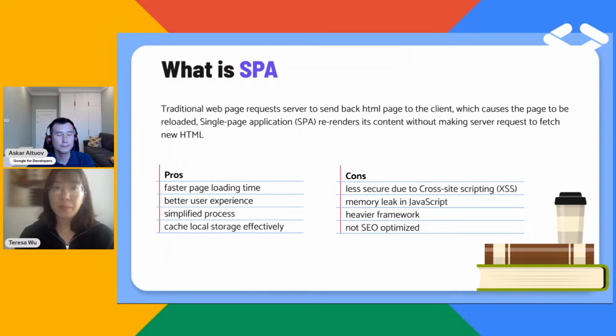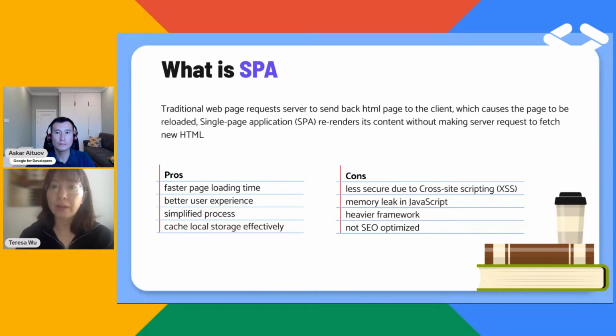Okay, let's begin with web. There are different ways you can build a web application, and probably the most popular one at the moment is called SPA, or single page application. What does this mean? In the old days, traditionally, the web page requests the server to send back the entire HTML page to the client.